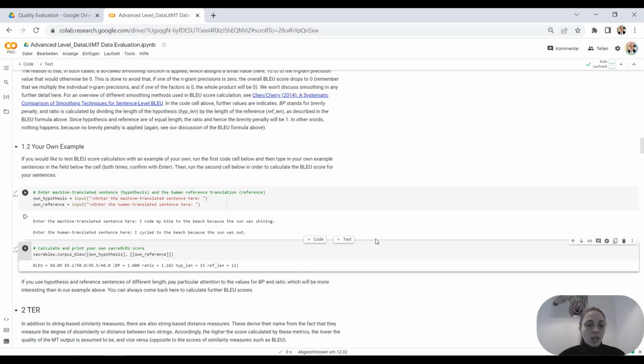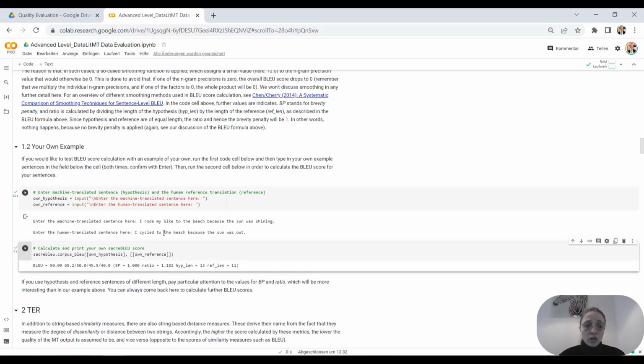And once again, we can break down the exact calculation of BLEU in the comparisons. We can compare 1 grams, and we can do that by looking at how many 1 grams compare. So "I" and "I" compare, "rode" and "cycled" don't compare. "My" and "to," "bike" and "to," in this case also don't compare.